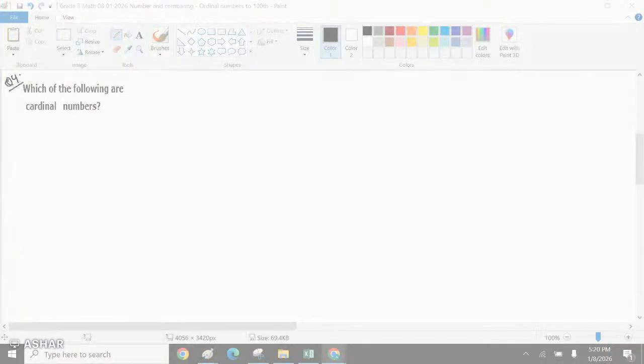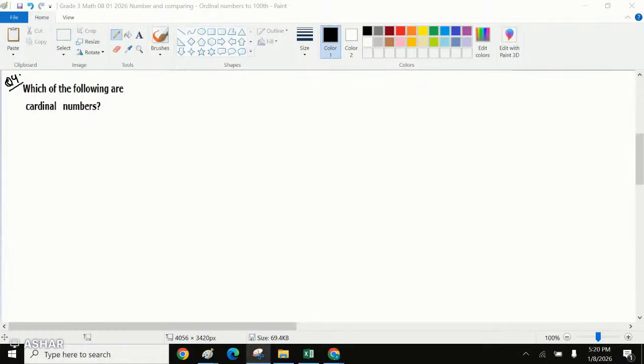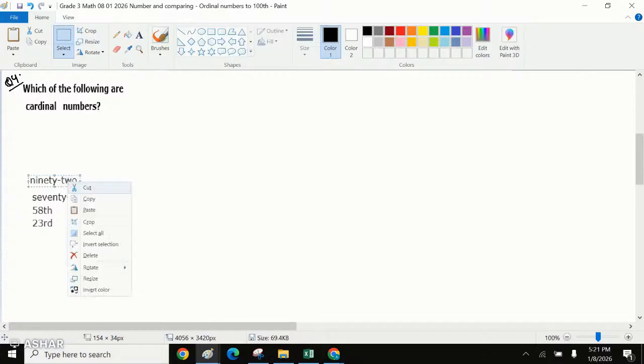Let's focus on the questions. The four possibilities given to us are these four. We need to find the cardinal numbers among these four possibilities. Can anyone give me the option?